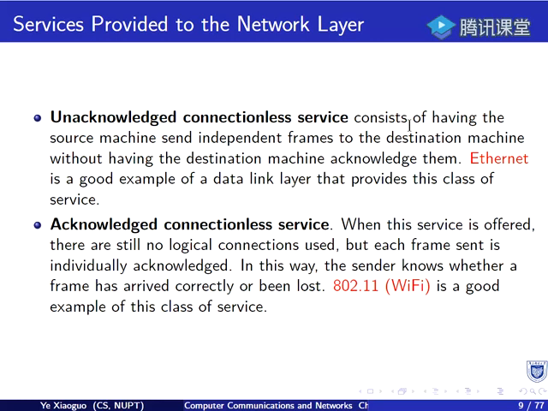Unacknowledged connectionless service consists of having the source machine send independent frames to the destination machine without having the destination machine acknowledge them. Ethernet is a good example of a data link layer that provides this class of service. Ethernet uses the unacknowledged connectionless service.